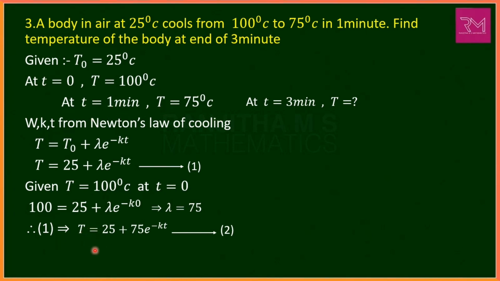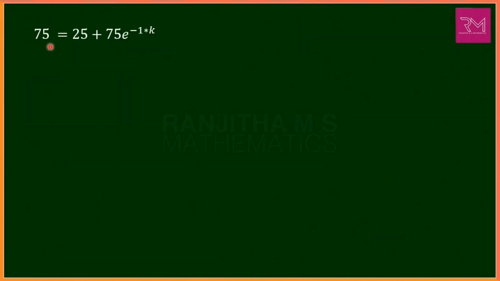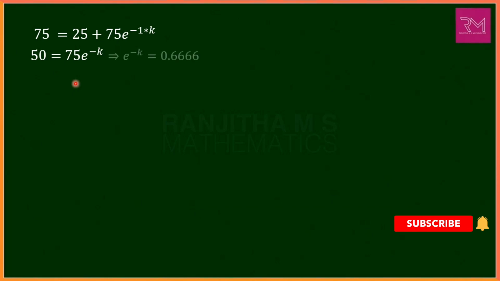We get 75 is equal to 25 plus 75 times e to the power minus K times 1. Taking 25 to the left hand side, 75 minus 25 is 50, which is equal to 75 times e to the power minus K. Next, taking 75 to the left hand side, 50 divided by 75, we get e to the power minus K as 0.6666.